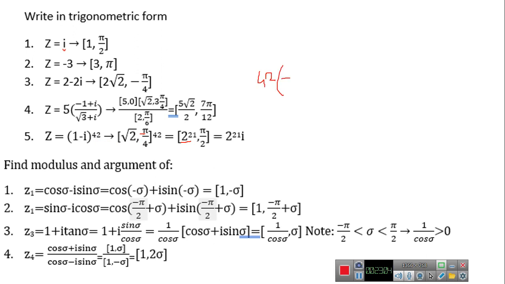It must be a multiple of 45, so in the last quadrant. So 1 minus i, here there is a mistake. It must be minus pi over 4 and radical 2. So it will be radical 2 power 42, it's 2 power 21, and 42 times minus pi over 4.